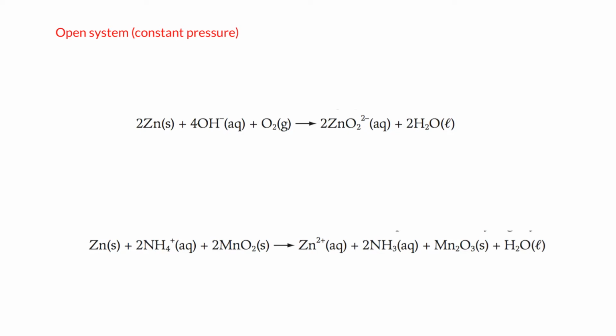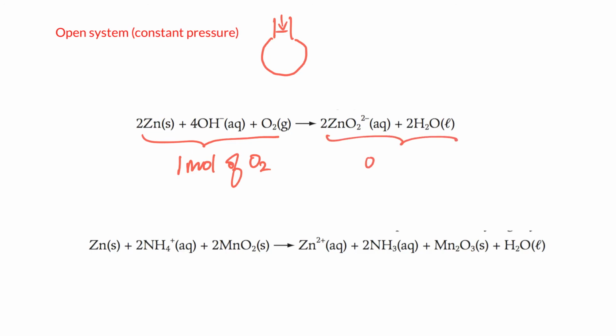Okay, so this one is an open system, it's a constant pressure. So you have a flask at constant pressure. So you may do work on the atmospheric pressure. So we just check whether the number of moles changes in the process. On the left hand side, there will be 1 mole of oxygen, while on the right hand side there will be no gases.